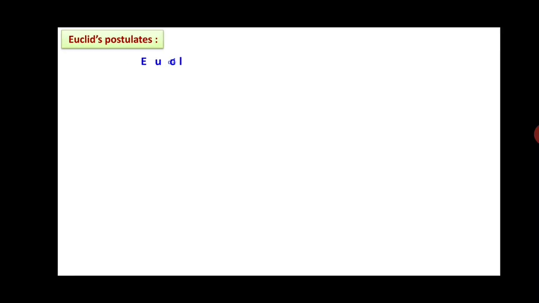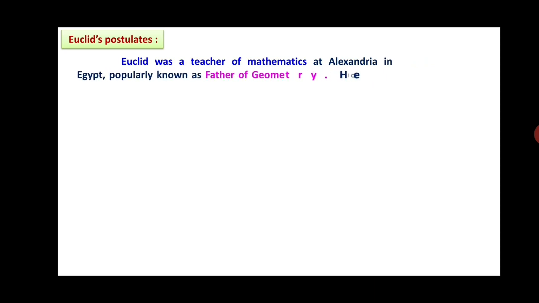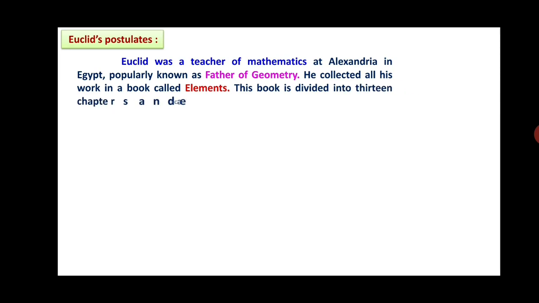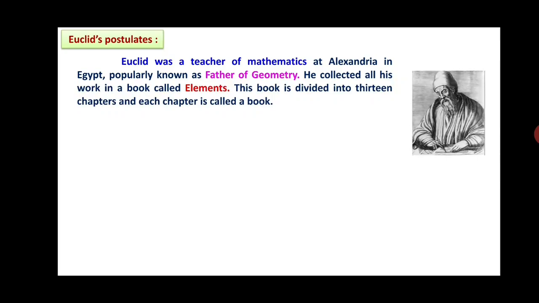Euclid's postulates. Euclid was a teacher of mathematics at Alexandria in Egypt, popularly known as the father of geometry. He collected all his work in a book called Elements. This book is divided into 13 chapters and each chapter is called a book. So he is Euclid.